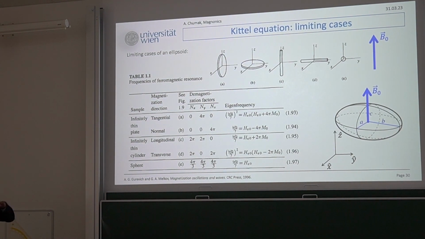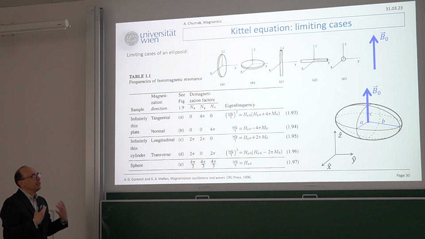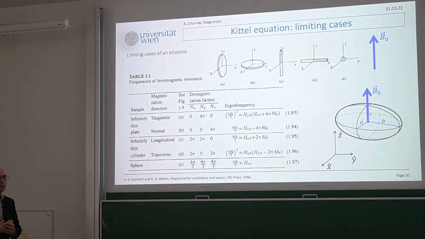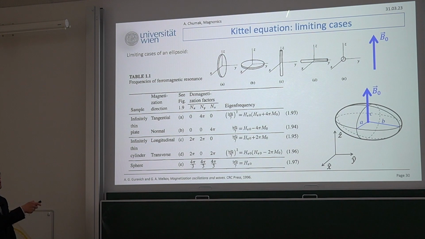But if you take your ellipsoid and press it down so that the lateral sizes are infinitely large, which is how we usually describe thin films, infinitely large and of some finite thickness, then you can still use the formula for an ellipsoid. That's how we describe our thin films, because we usually work with thin films. The same with a cylinder. If you take an ellipsoid and stretch it infinitely long, you still can use the same formulas.